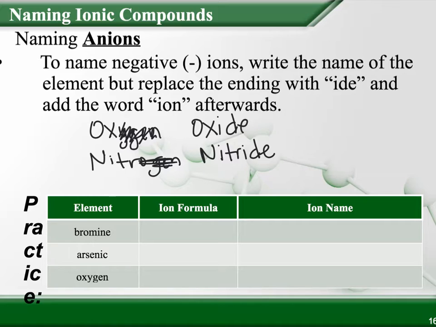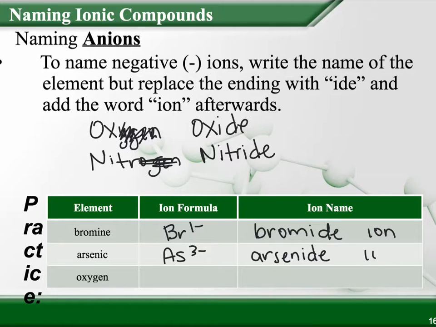When we look at bromine, we see that it has a Br1- as its formula. It's negative. We know that we need to change it to IDE. So we end up with bromide ion. Arsenic is As3-, and it becomes arsenide ion.